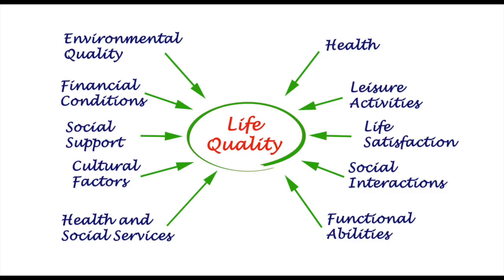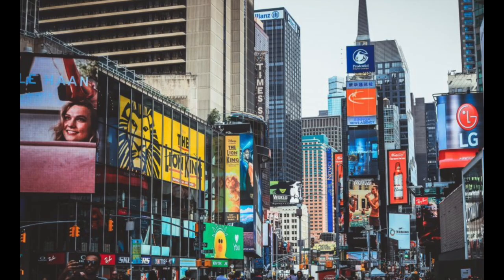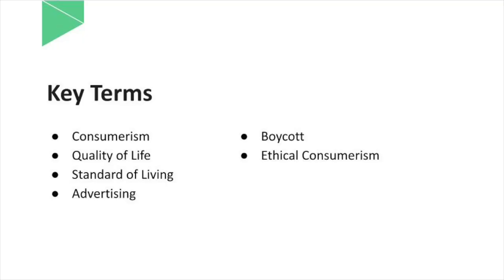Quality of life is measured in standard of living, so your income, your material wealth, and of course, social indicators: your education, healthcare, environment, your freedom. You might be asked to analyze how marketing, media, or trends influence what we buy and how that connects to our values. The key concepts here are consumerism, quality of life, standard of living, advertising, boycott, and ethical consumerism could be a key concept here as well.